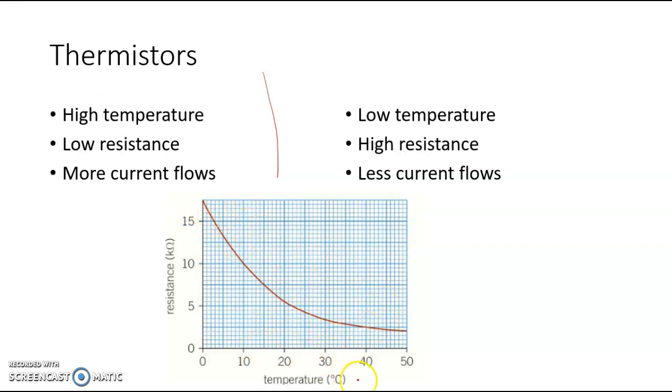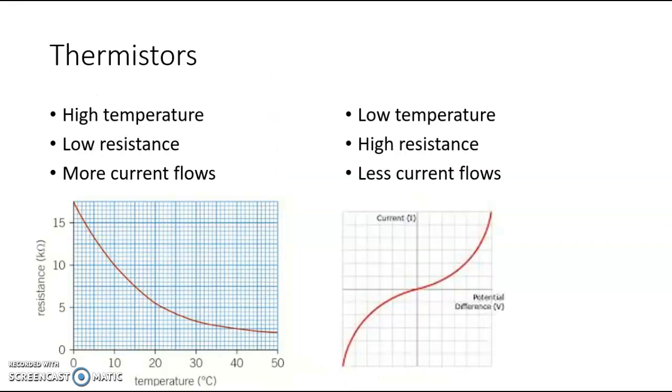So as the temperature increases this way, you can see that the value of the resistance is decreasing. So R decreases as T increases. This is where the temperature is high, so very hot, and when it is cold, the resistance is very high. And based on this, you've got very interesting applications.